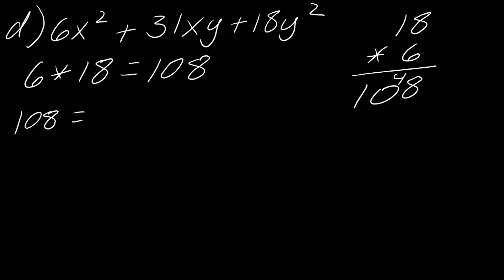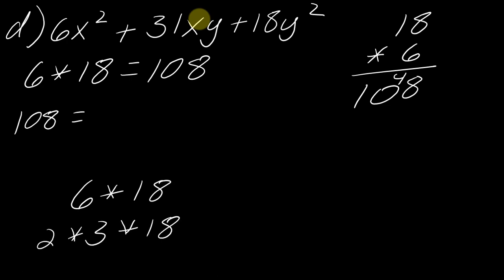So if you're struggling for what the other pairs are for 6 and 18, you can actually think of instead, what are the factors of 6 and what are the factors of 18? That can be a good way to start. So here's how my brain works. I have 6 times 18. So I know for 6, this is 2 times 3 times 18, right? That's how you make 6.